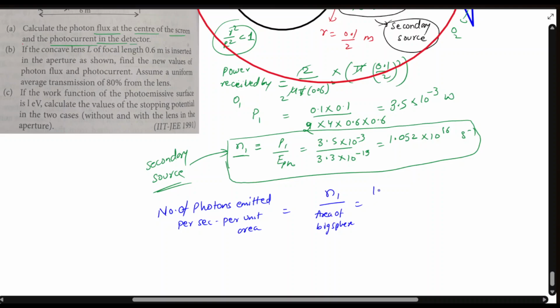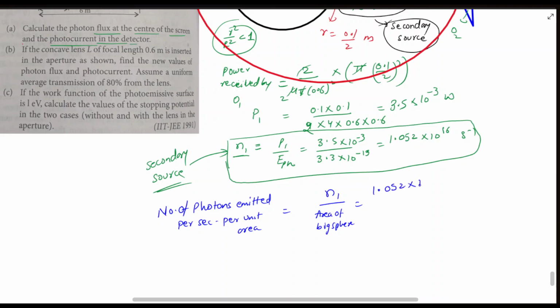So it will be 1.052 into 10 raised to power 16 divided by 4 pi into 5.4 squared. If we calculate this, we should get 2.87 into 10 raised to power 13 second inverse meter minus 2.